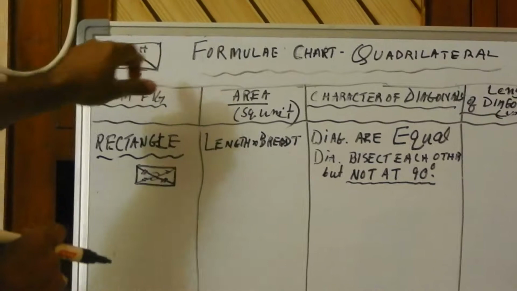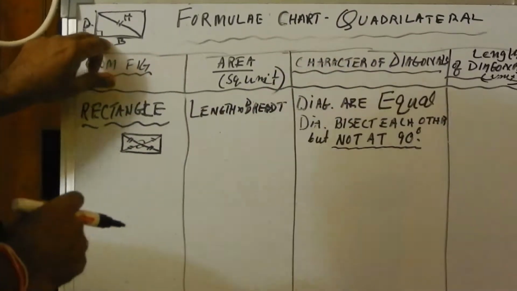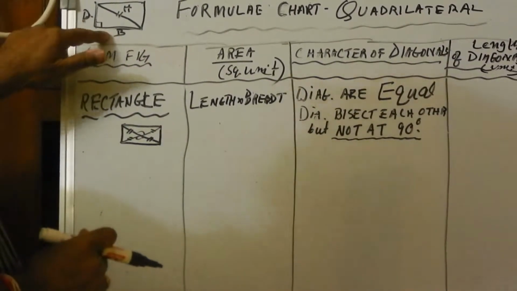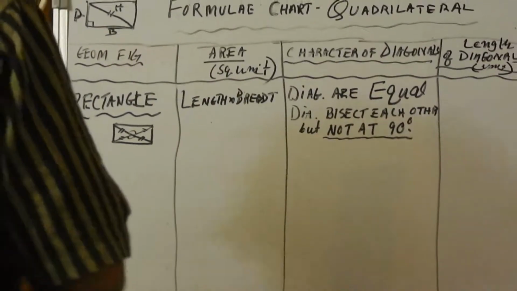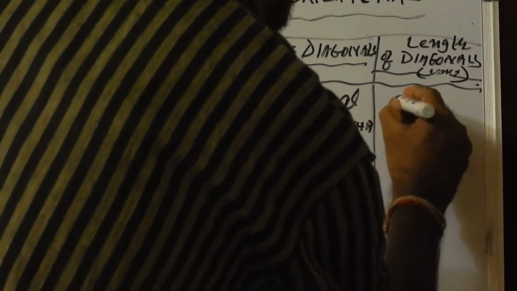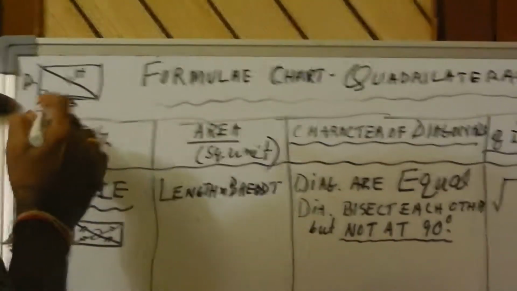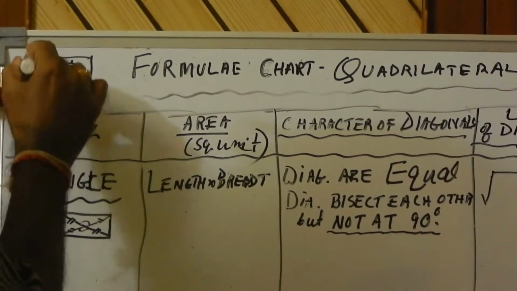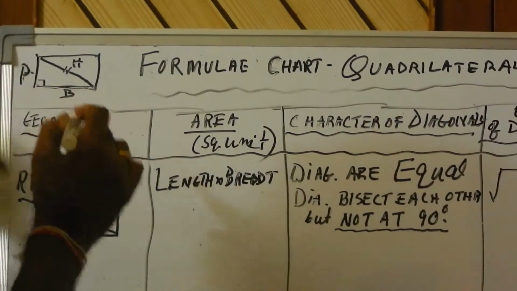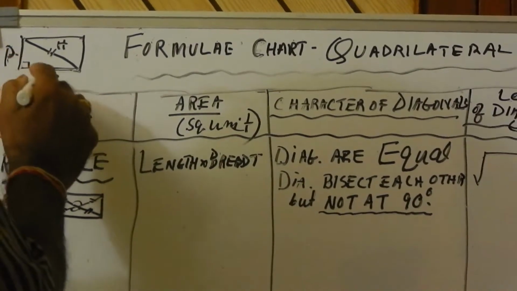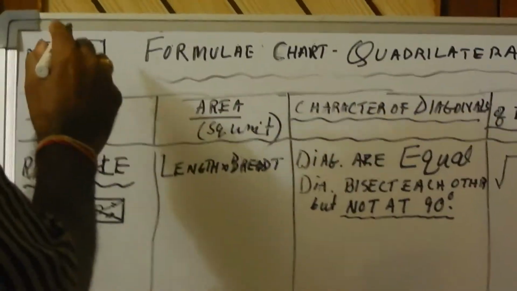So hypotenuse square equals perpendicular square plus base square, and so hypotenuse equals root over perpendicular square plus base square. So that is maintained here. The length of the diagonal is root over, and this is the length of the rectangle, that is the base, and the height or perpendicular is the breadth of the rectangle. So the basic is diagonal square equals length square plus breadth square. So diagonal equals root over length square plus breadth square.